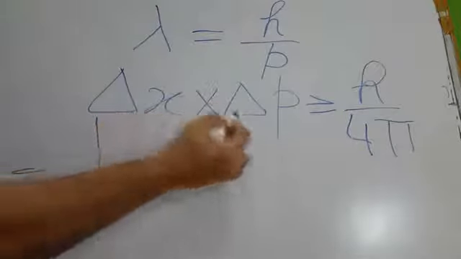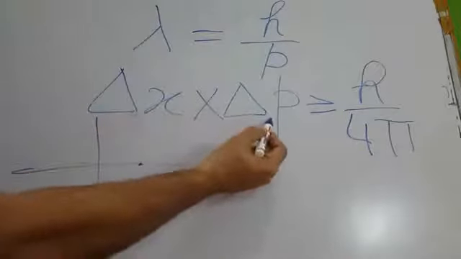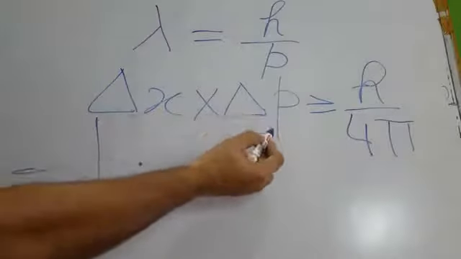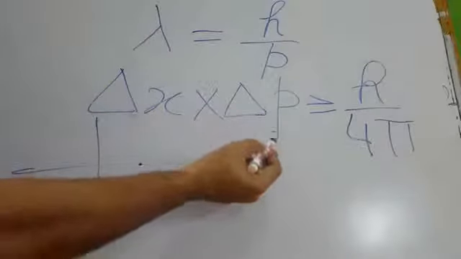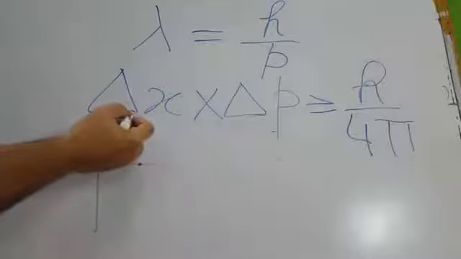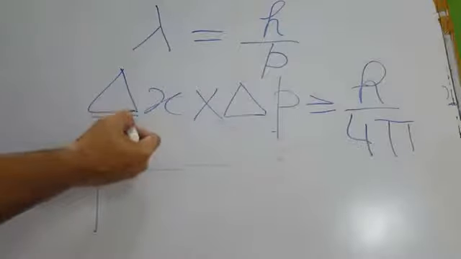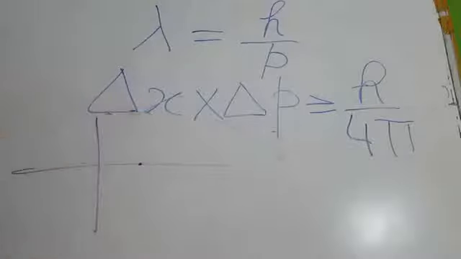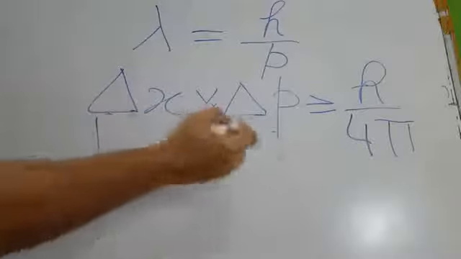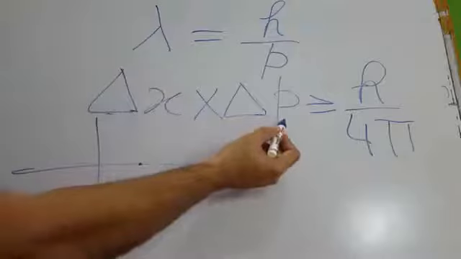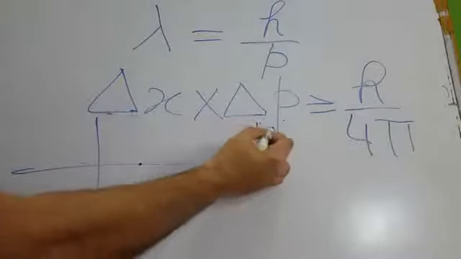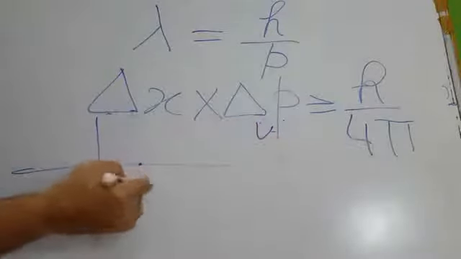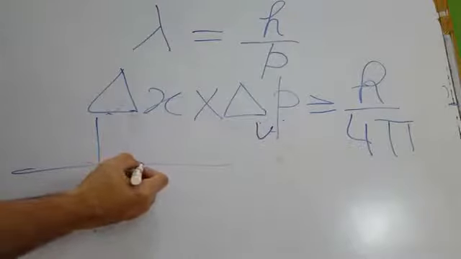And if we try to make more precise measurements of the momentum or the velocity, we cannot find the exact position of the particle. Means delta x varies. How? Suppose we try to be very precise about the velocity, then what happens? We lose the information whether this particle is lying here, here or here.